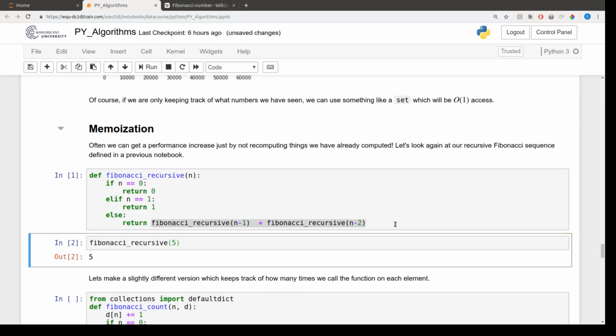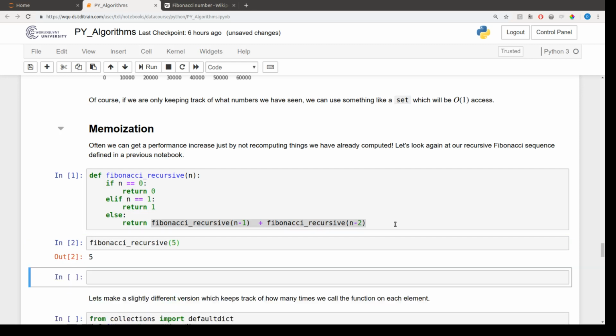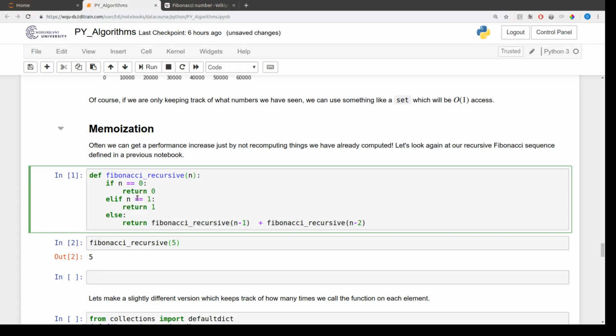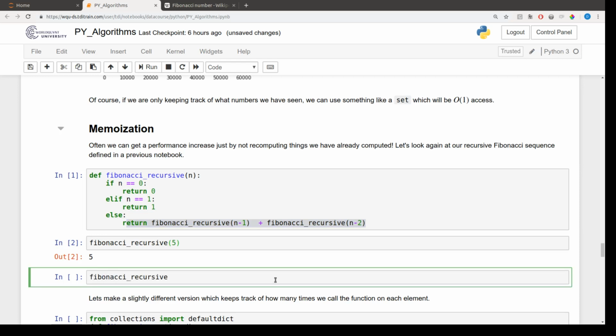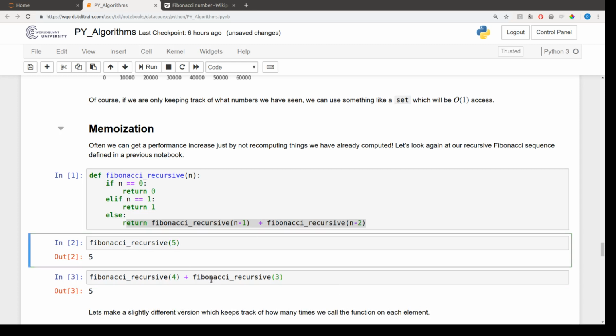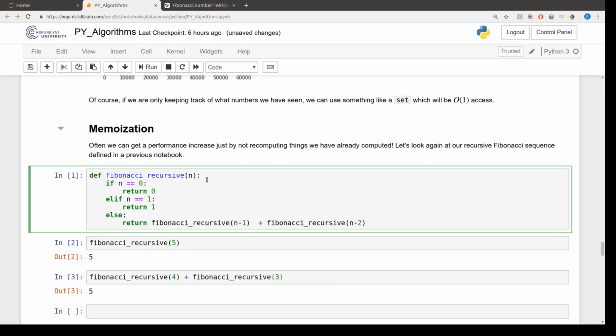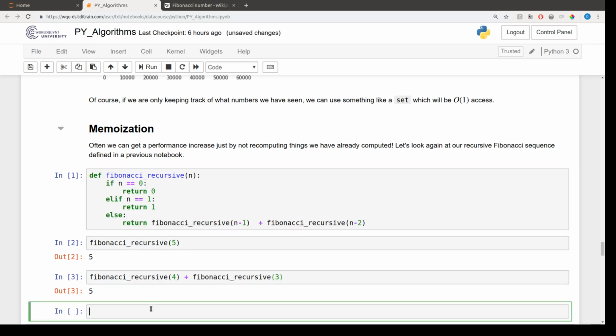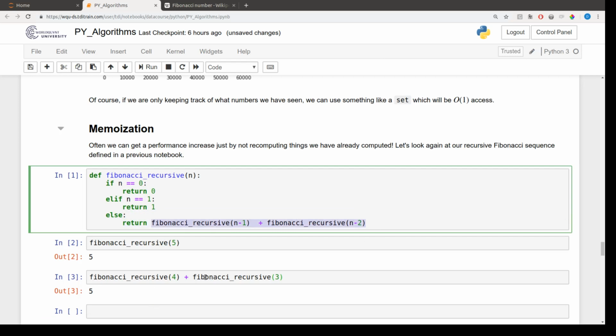So let's see how this works. If I do Fibonacci 5, I get 5, as I would expect. What happens is 5 is not 0, and it's not 1, so we come down here, and we call Fibonacci recursive 4 plus Fibonacci recursive 3, which is also 5, of course. That's this result. So we make a call to this with 4, which is not 0 and not 1. So for this call here, we end up with Fibonacci recursive 3 plus Fibonacci recursive 2.